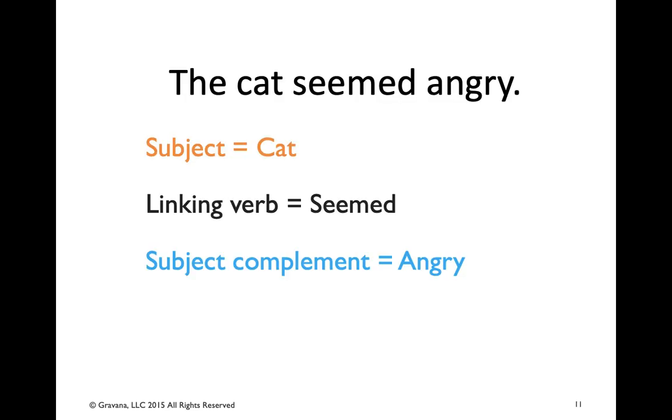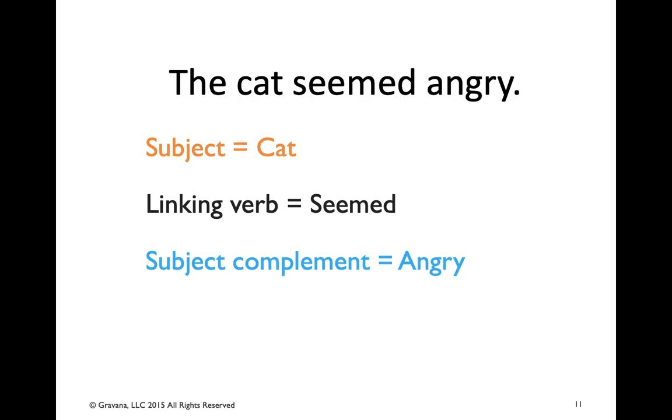So if we are looking at this sentence, the sentence is, the cat seemed angry. Obviously our subject here is cat. It's who or what we're talking about. So we're talking about the subject, the cat, and we are describing the cat as angry. And remember, the way that we describe something is called the subject complement. So cat equals angry.